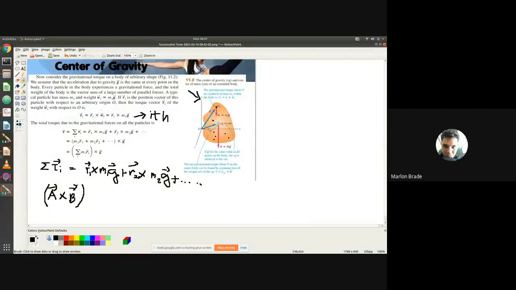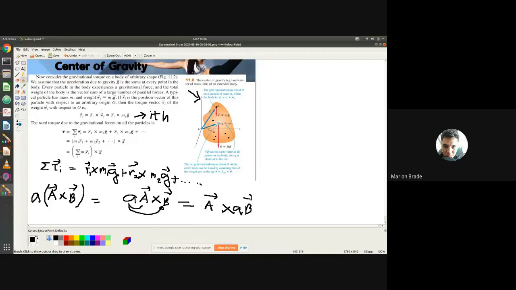So if we have A cross B, the result is a vector quantity. If I multiply it by some constant A, where A is some constant, this can be written as the constant times A vector cross B, and this is also equal to A cross the constant times B. So it doesn't matter where you place the constant; you get the same answer.